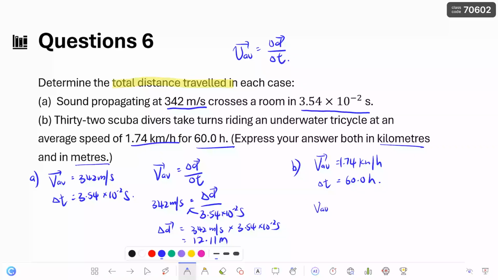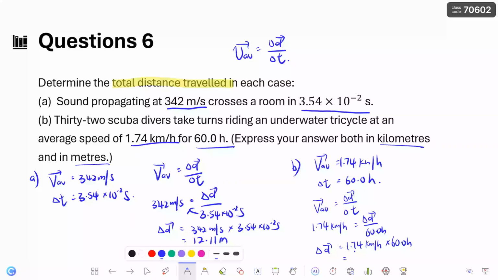So VAV is equal to delta d divided by delta t. So 1.74 km/h is equal to delta d divided by 60.0 h. So the distance traveled in km is 1.74 km/h times 60.0 hour.